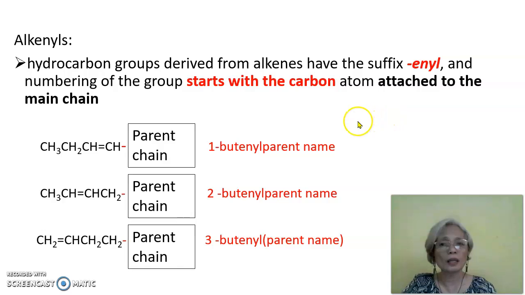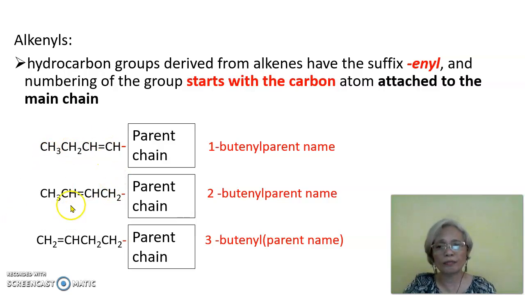And the numbering of carbon starts with the carbon atom attached to the main chain. So, we do not consider the double bond in the numbering. Instead, the carbon attached to the parent chain will always be assigned as carbon number 1.